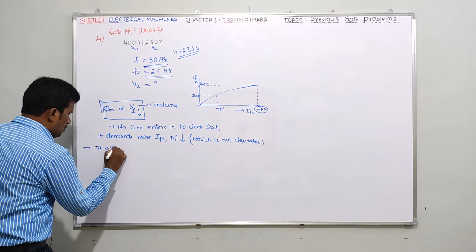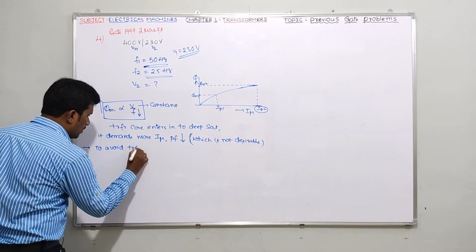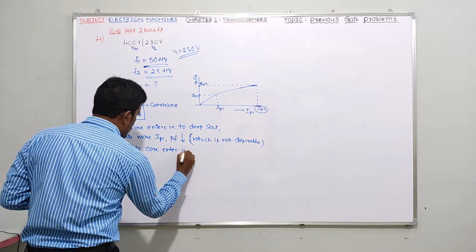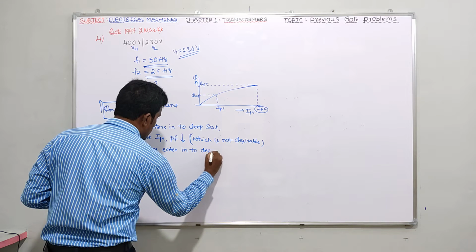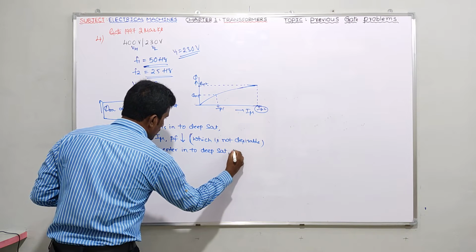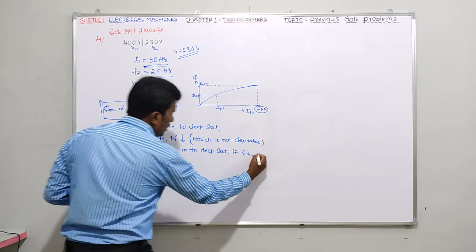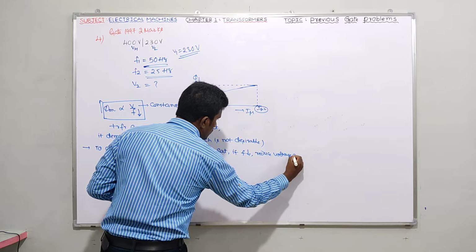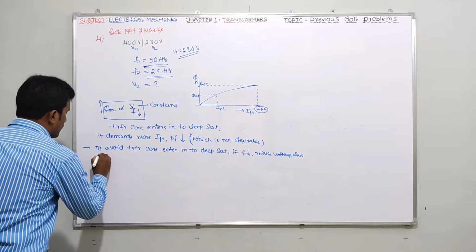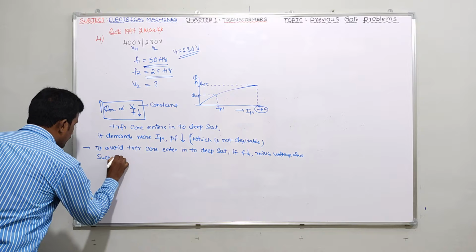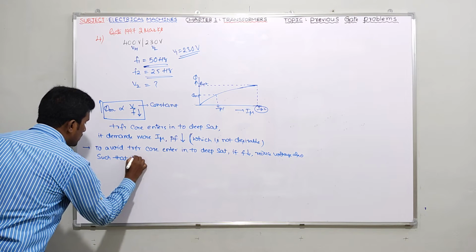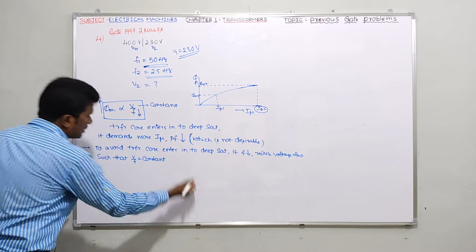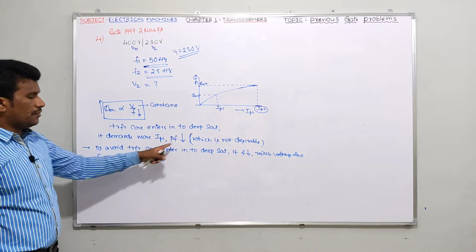To avoid the transformer core entering into deep saturation, if the frequency reduces, reduce the voltage also, such that V by F remains constant. Whenever V by F remains constant, your flux also remains constant, Im remains constant, and there is no decrease of your power factor.